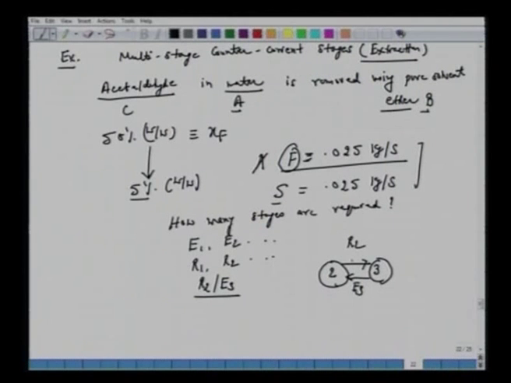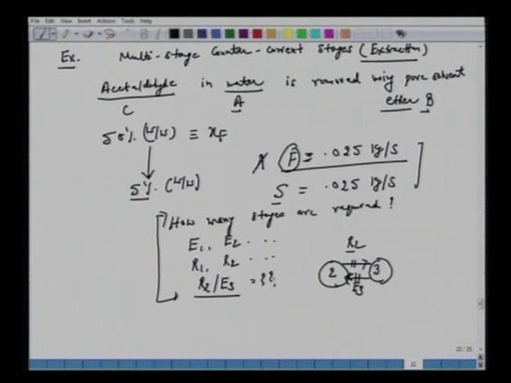We are talking of molar flow rate or kg weight flow rates of R2 and E3: the stream which leaves the second stage and the stream which arrives at stage number 2 from stage number 3. So what is this ratio? Essentially we have to determine the compositions of all streams leaving all the stages and their flow rates.